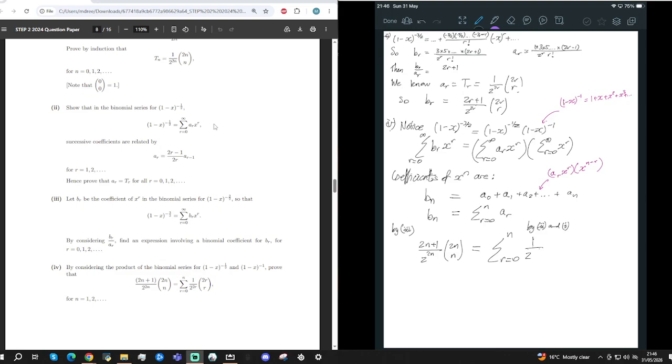That's 1 over 2 to the 2R, 2R choose R. And if I check very carefully what these two look like, everything works. And really up here, I should have said for n greater than or equal to 1. So this is true for n greater than or equal to 1 as required.